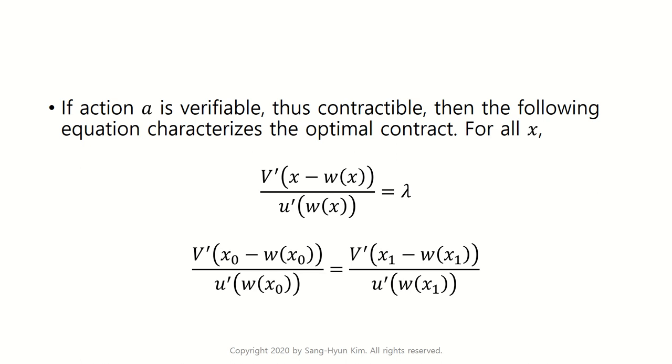Because the IR constraint is binding, the agent gets a fixed amount of expected utility. So the principal gets the rest, right?